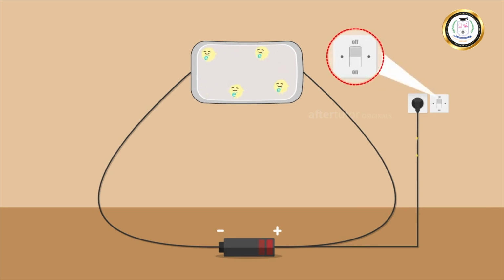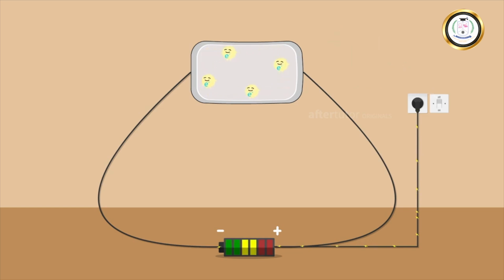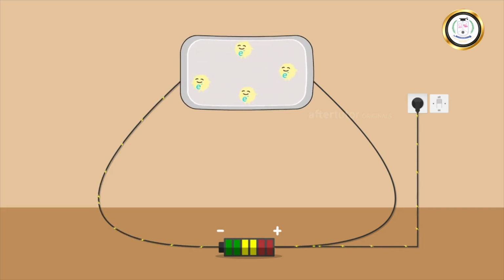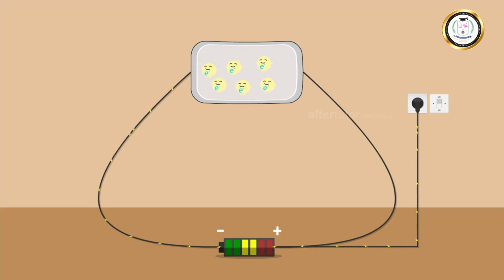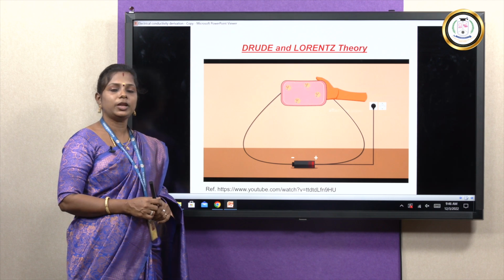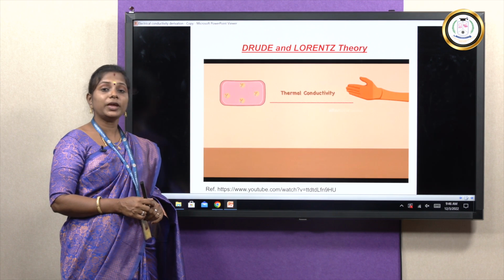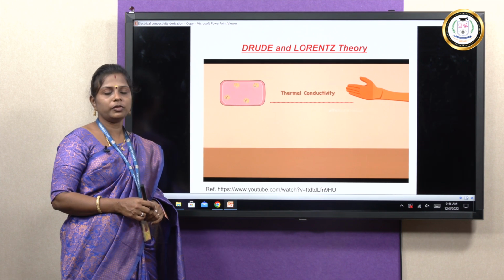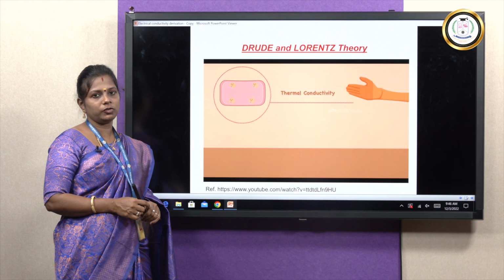All the electrons are moving in a uniform direction which is opposite to the field direction. The field is coming from this direction, the electrons are moving in the opposite direction to the applied field direction. This is the electrons' behavior in presence of electric field. Based on this electric field, we are going to derive the electrical conductivity nature of an electron.